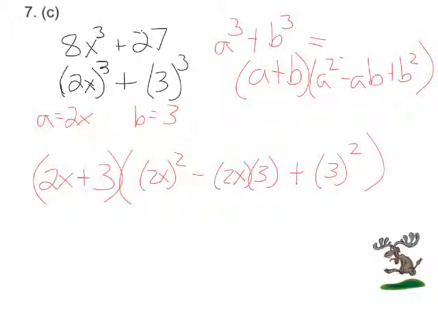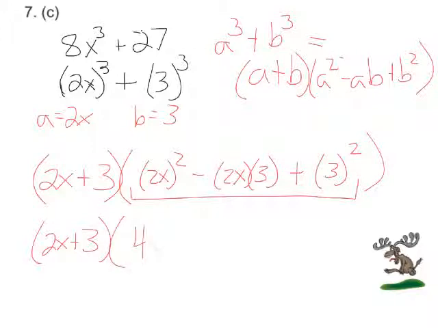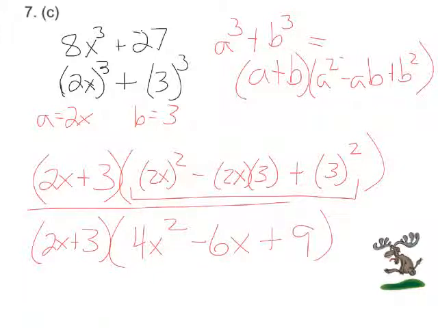Cleaning up the longer factor, we get quantity 2x plus 3 times quantity 4x squared minus 6x plus 9. And there we have a factored sum of cubes.